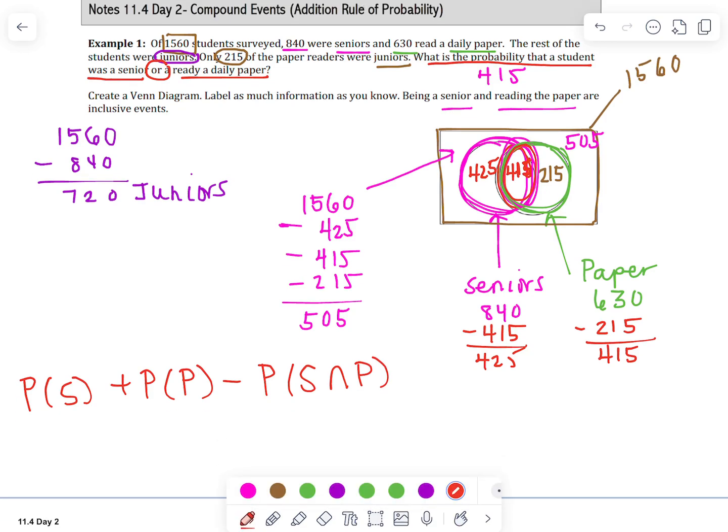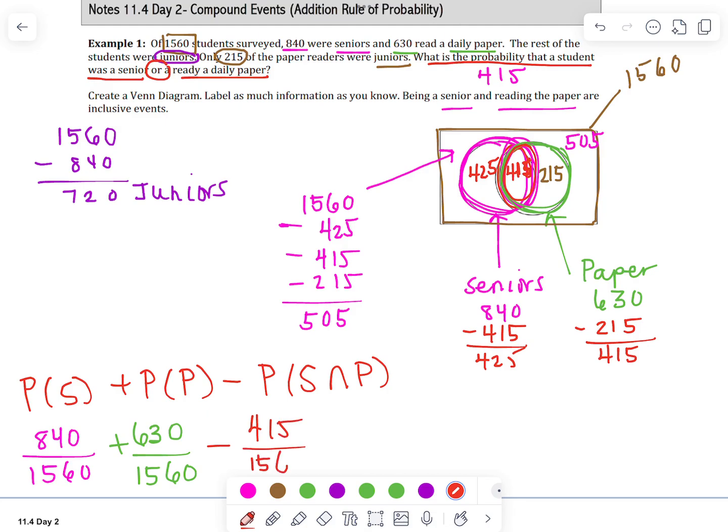So we have in the pink circle 840 out of 1,560 plus those who read the paper, a total of 630 read the paper out of 1,560 minus the overlap, 415 out of 1,560, and that will give us 1,055 out of 1,560, which if we put that into our calculator to 3 significant figures, it's 0.676.